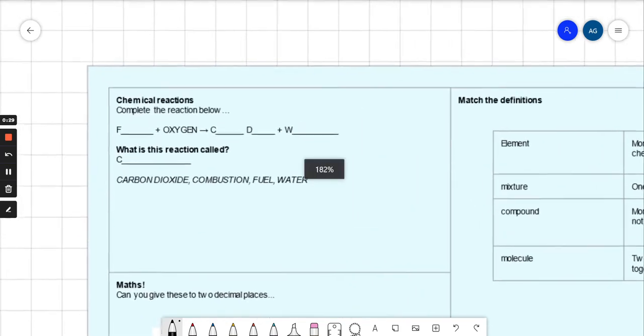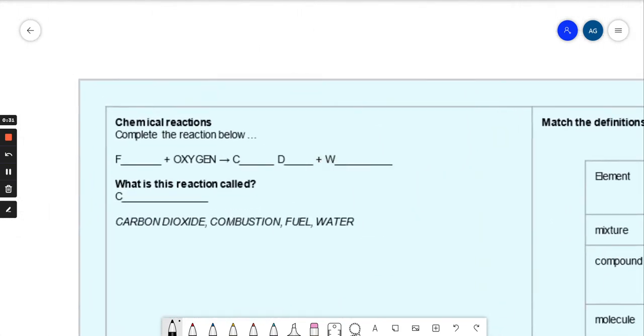So, complete this reaction. This reaction is fuel plus oxygen goes to carbon dioxide plus water. What is this reaction called?